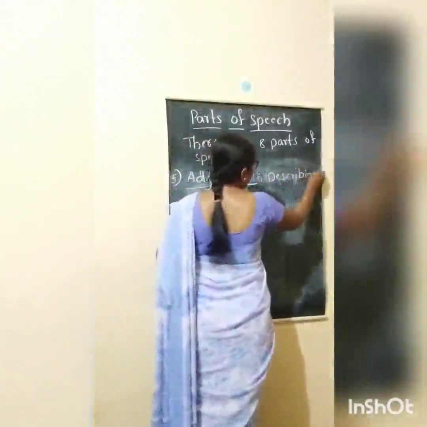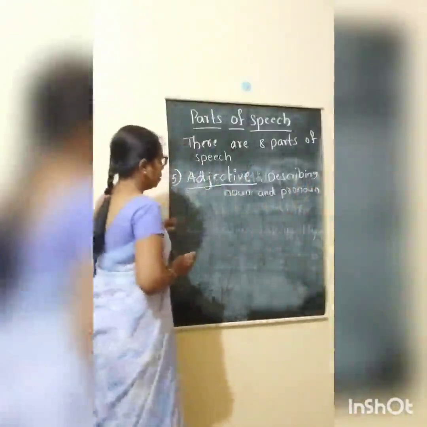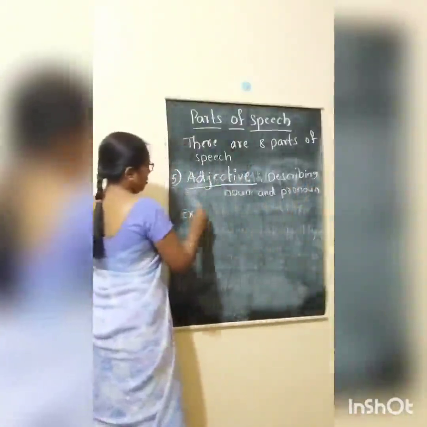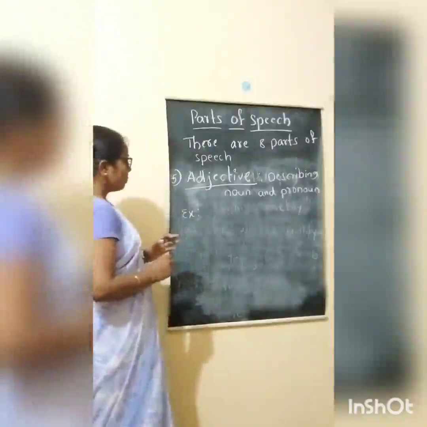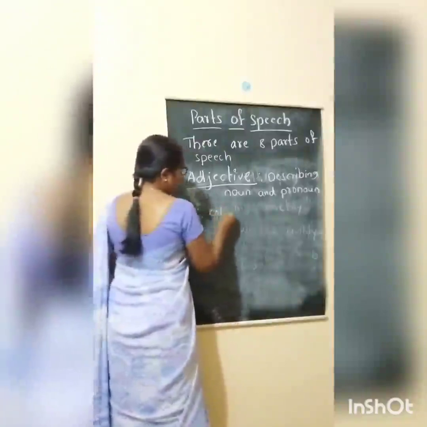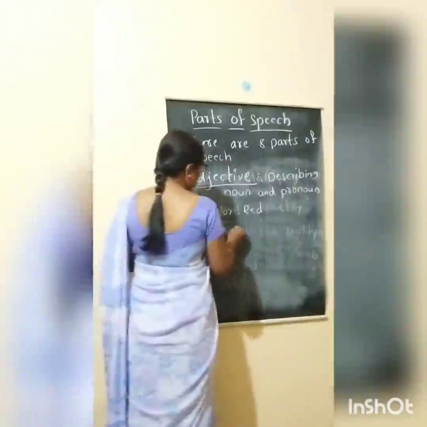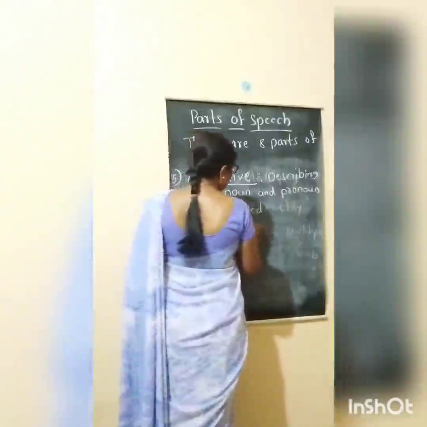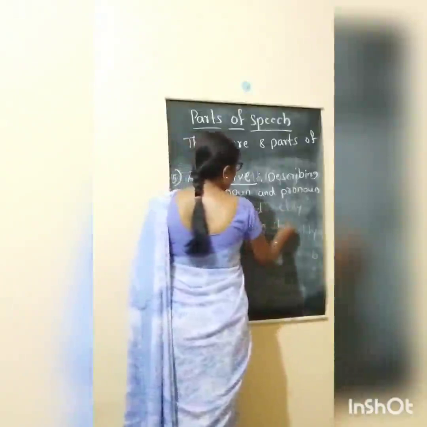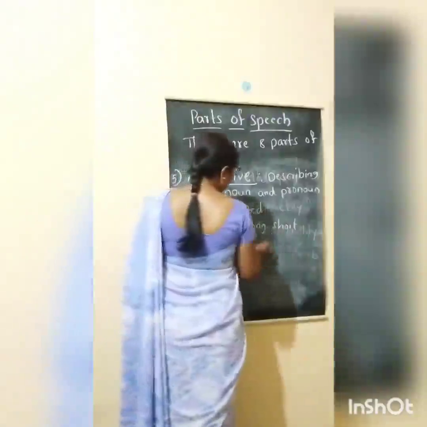For example, color: red; size: long, short, big, small.